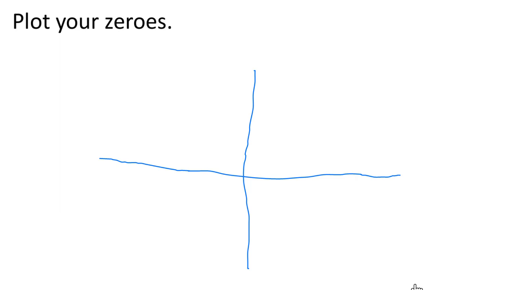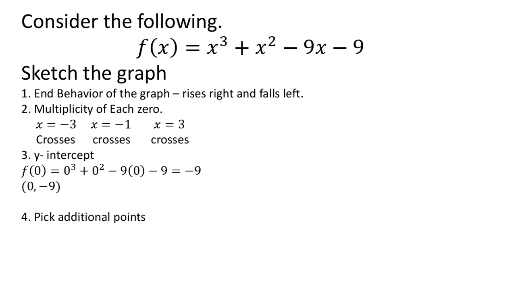Here we had, let me go back, I didn't write it. So we have zeros at -3, -1, and 3. So let's do this. I need to write it.